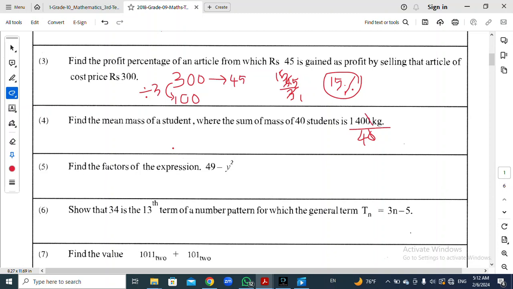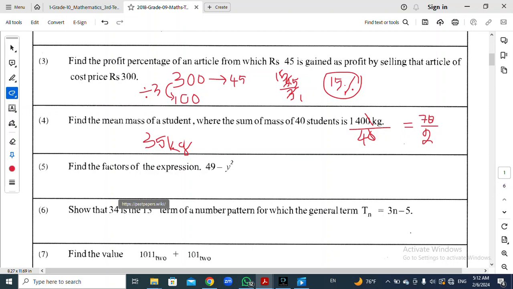Now you see 140 by 4, we can divide the 4 by 2, so 2 times. And here half of 140 is 70, very easy. Now 70 by 2, so that is 35. That is a very easy question. 35, we have to mention kg.